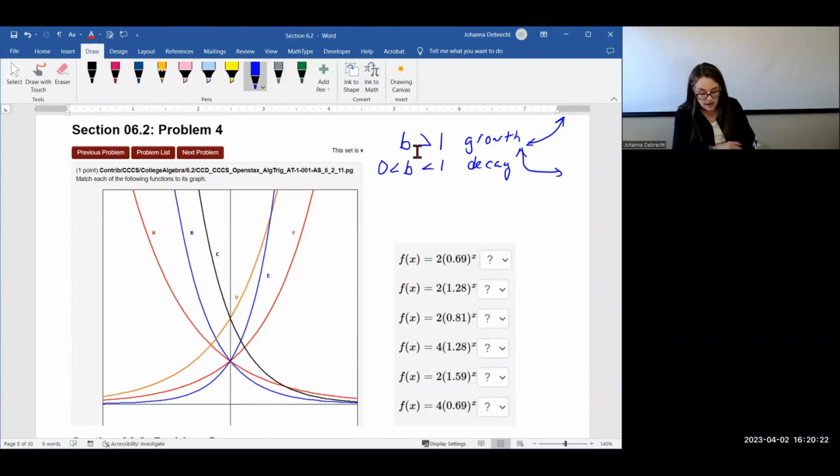Looking at this, I can tell that D, E, and F are growth equations, and A, B, and C are decay equations.